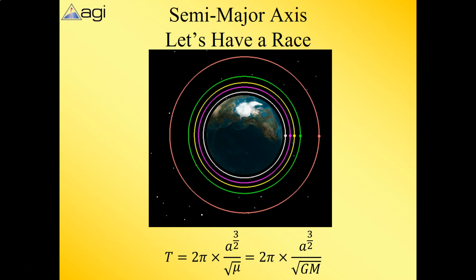Okay, let me pose a question to you. What is the approximate orbital period of the International Space Station? It's roughly 90 minutes. Think back to what we talked about with the kind of orbit that the space station has to be in.